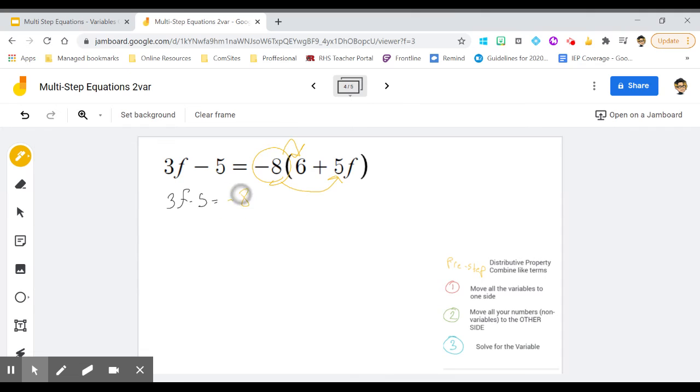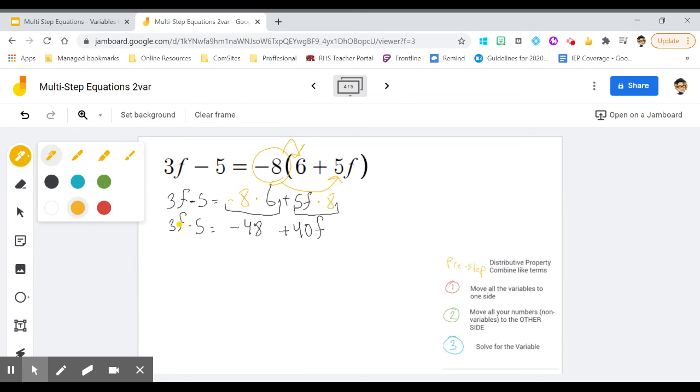It's going to be negative 8 times 6 plus 5f times 8. Now this is not a times, this is a minus. I'm going to have 3f minus 5. Negative 8 times 6 is going to give me negative 48. And 5f times 8 is going to give me positive 40f.